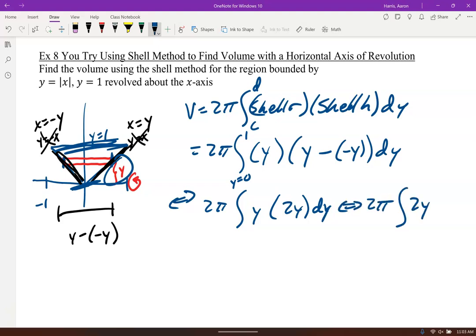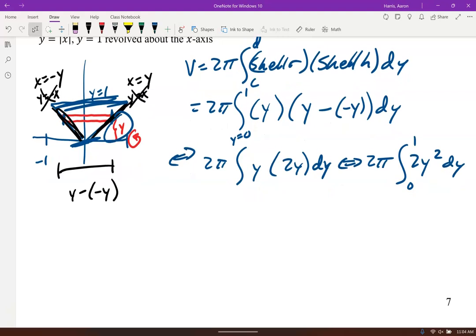So we got 2y squared dy from 0 up to 1. 2 pi.